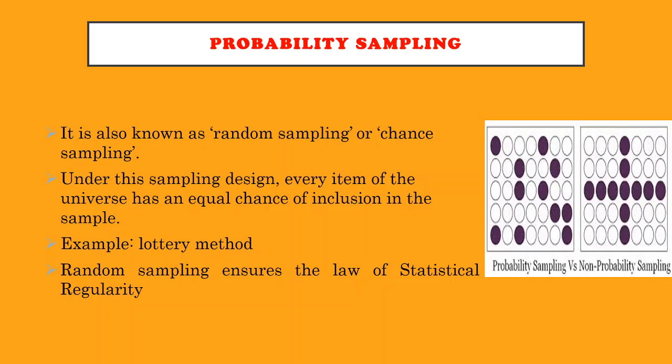So probability sampling is also known as random sampling or chance sampling. That means every item in the universe or in the population has an equal chance of being selected in the sample.